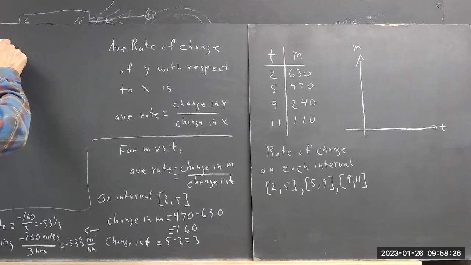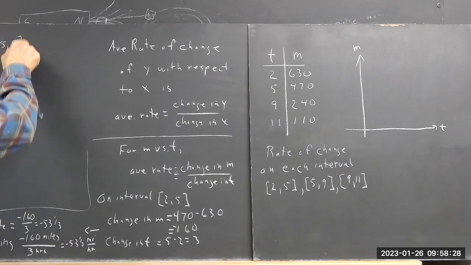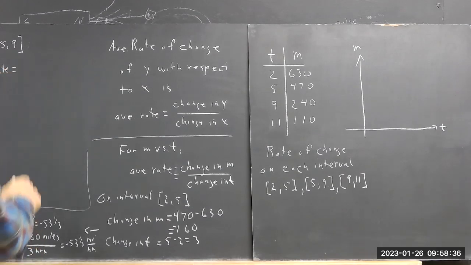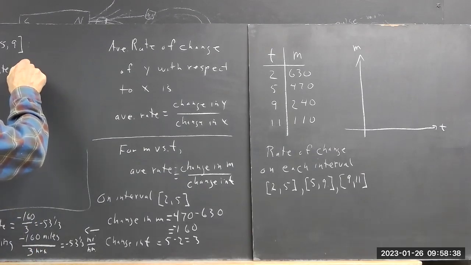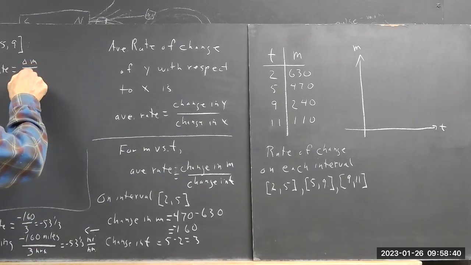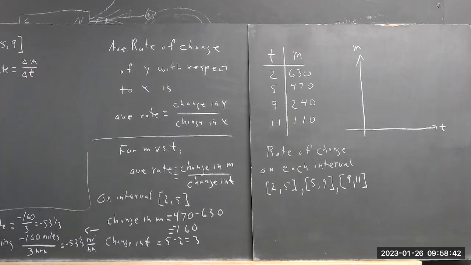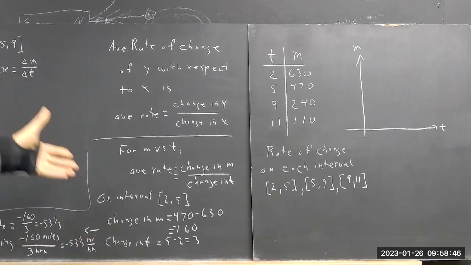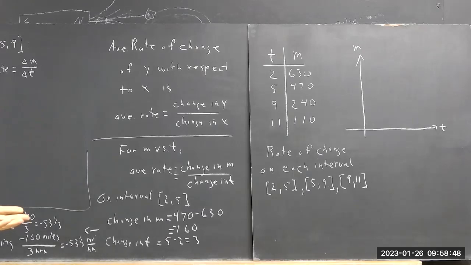Okay. On the interval 5 to 9, average rate is again change in M over change in T. And if you're doing these problems, you want to write them out pretty much the way I do.